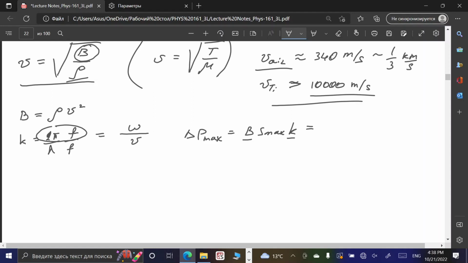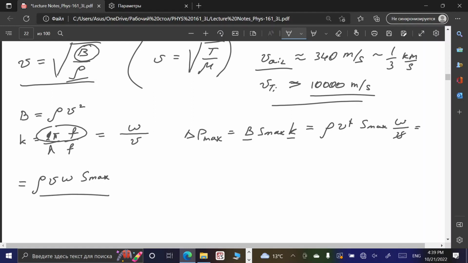So what do we get? We get rho times V squared times S maximum times omega divided by V. We cancel this out, guys, and eventually we get rho times V times omega times S maximum.